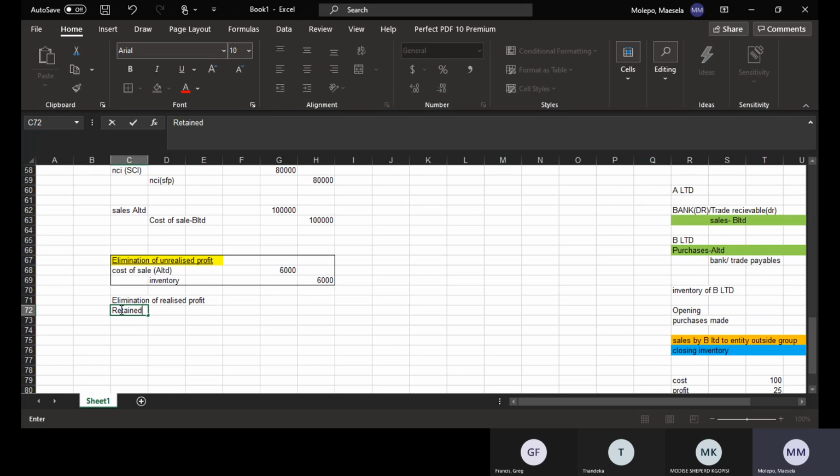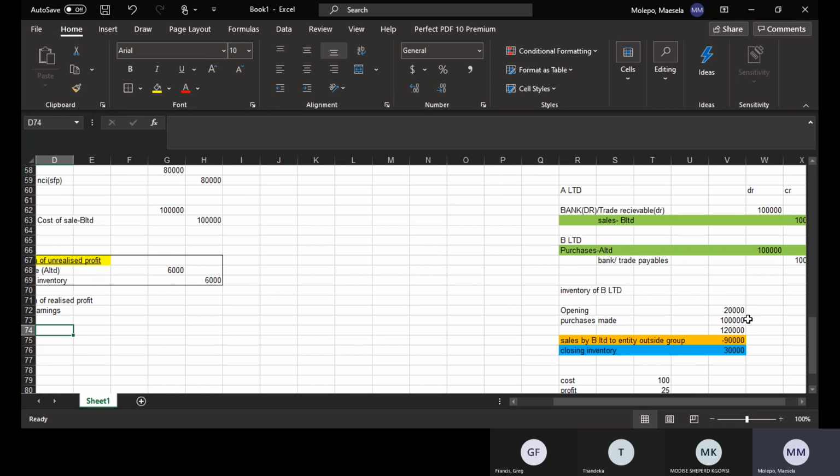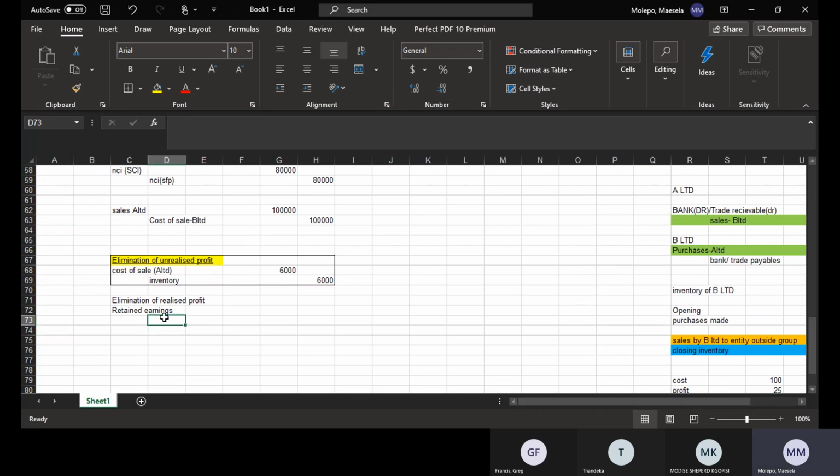The contra account will be the cost of sale, because this came as a result of the purchases we acquired from our parent company, A Limited. So we have a cost of sale on the credit side, the 4,000 which comes as a result of that 20,000.